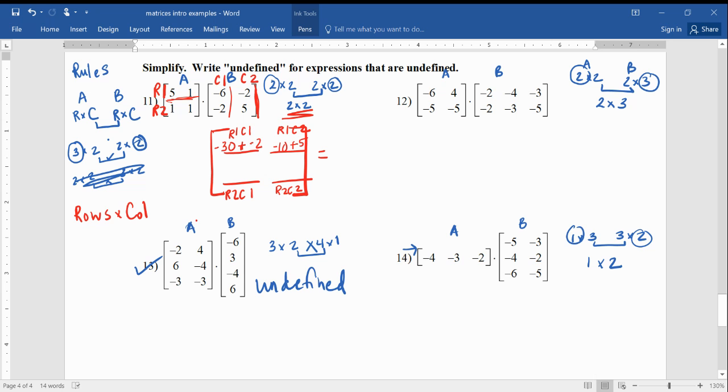All right, moving on. This is row 2 and column 1. So now we're looking at this row, and we're back to this column. First row element times first column element. That is a negative 6 plus 1 times negative 2 is negative 2.